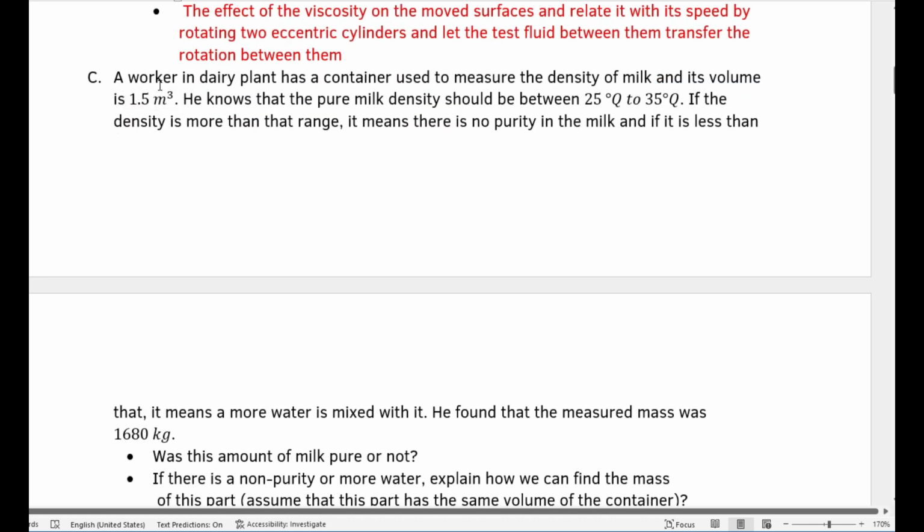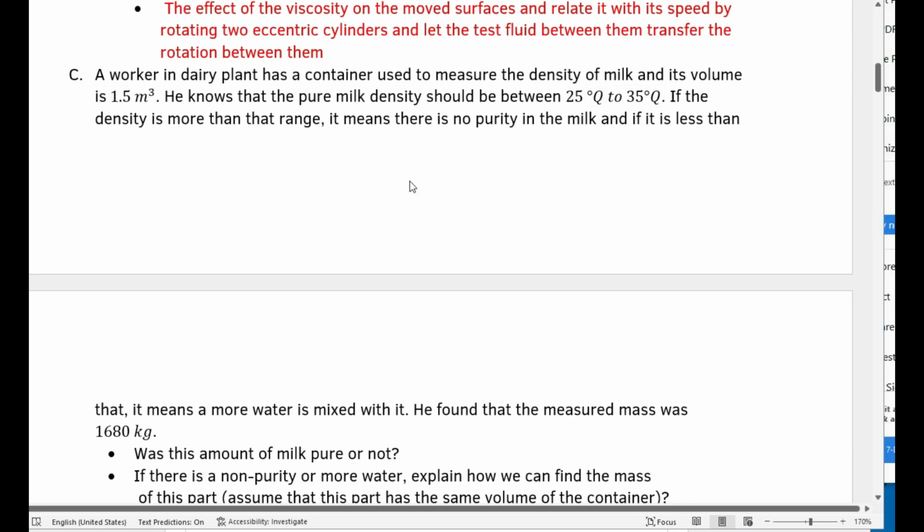Let's look at another question. A worker in a dairy plant has a container used to measure the density of milk and its volume is 1.5 cubic meters. He knows that the pure milk density should be between 25 and 35 QVNU. These are special density units. If the density is more than that range, it means there is no purity in the milk, and if it is less than that, it means there is more water mixed with it.